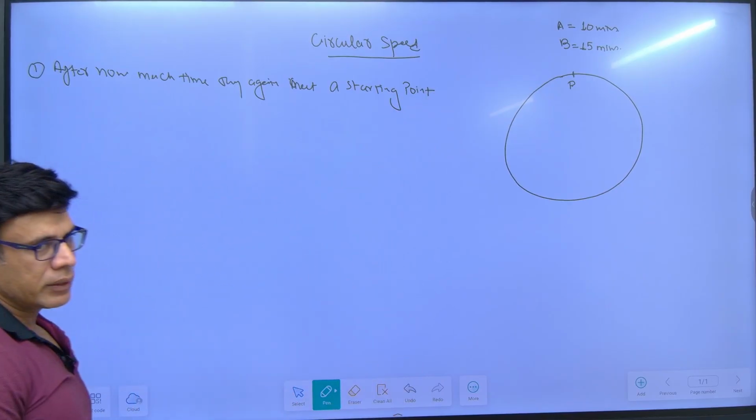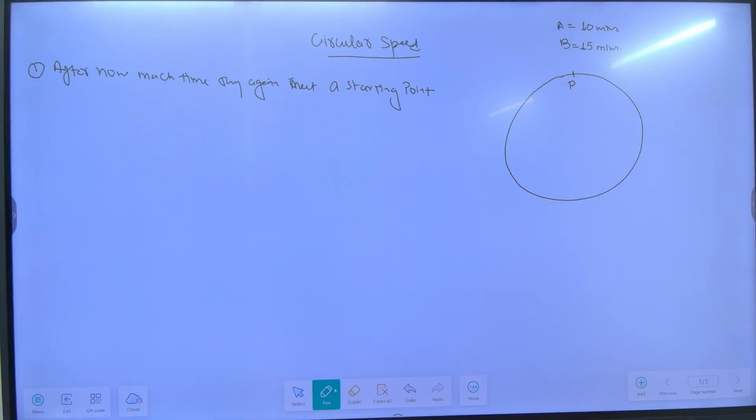See, no matter what the ratio of their speeds is, or what time they take to reach that starting point, they will meet at the starting point. Maybe after 100 years also, if they keep running, it will come. They will meet at the starting point.